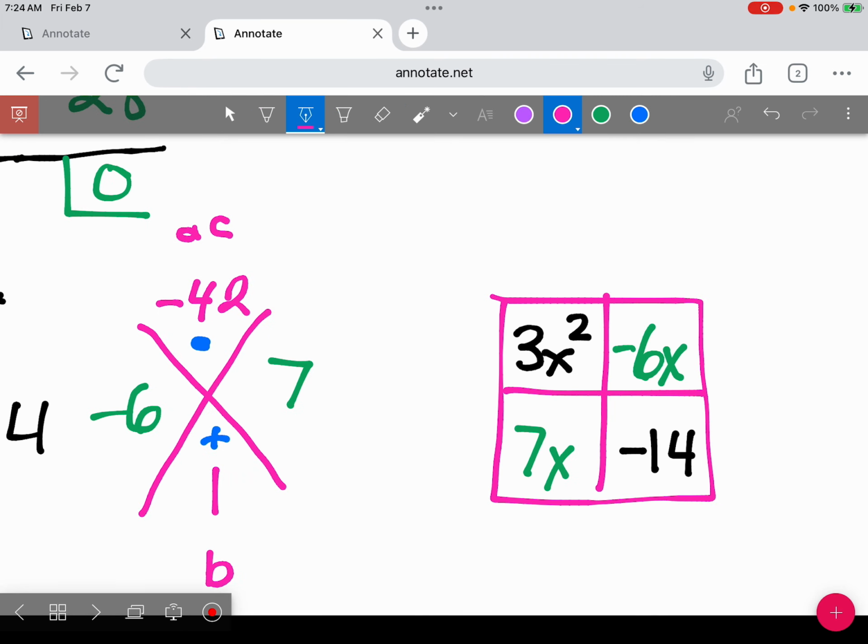And then we're pulling our factors in columns and rows. What do we get as factors here? Yep, we get a 3x. What else do we get? Yep, we get a 2.